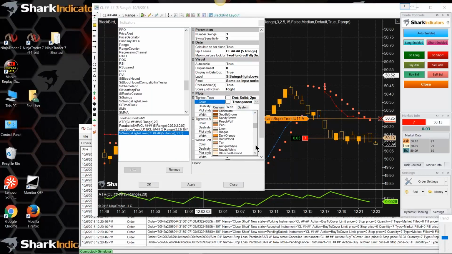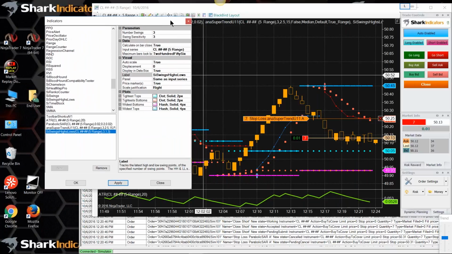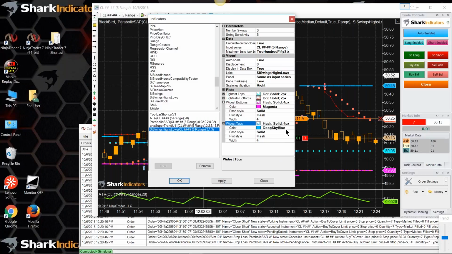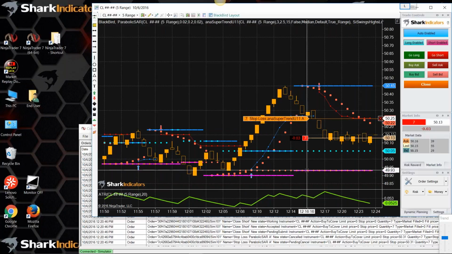And I just need to get some colors set up here for this indicator. Alright, see how this looks. Okay, I think that looks good. Alright, so you can see this swings, highs, lows indicator.